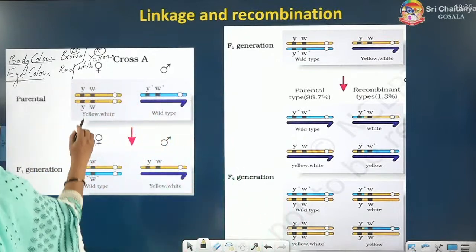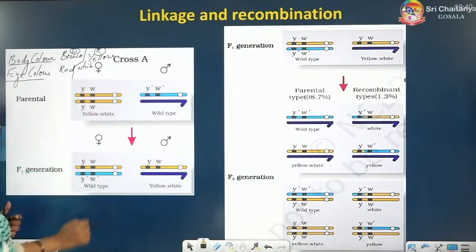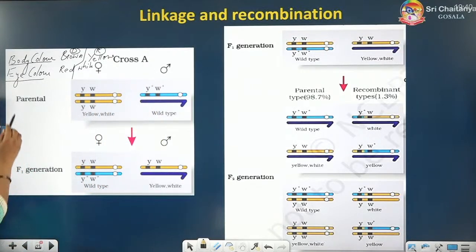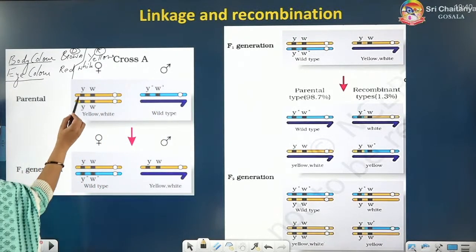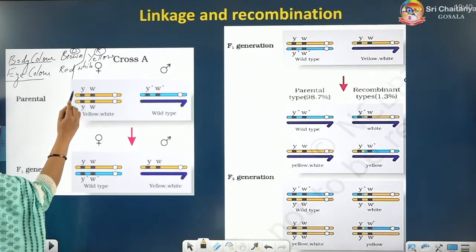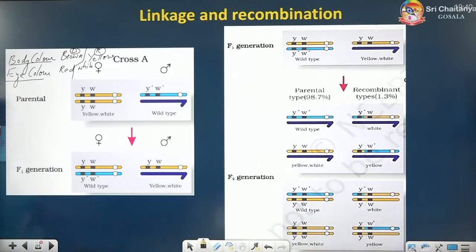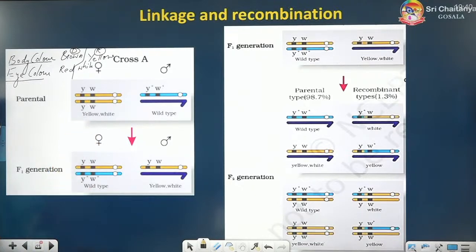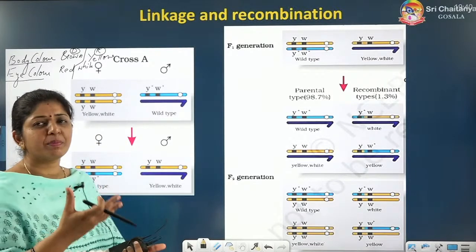Now here XX is indicating what? Female. XY is indicating what? Male. So the parental, what they have taken, YW means recessive for both on the XX chromosome. If both are recessive, what will be the phenotype? I should call it white yellow as per the rules I just explained.